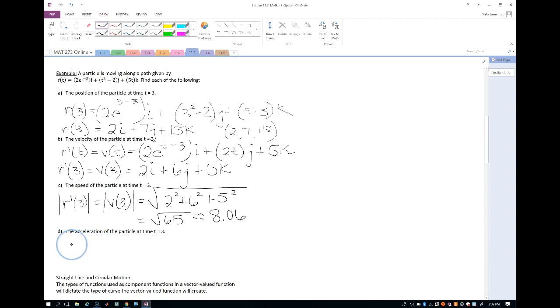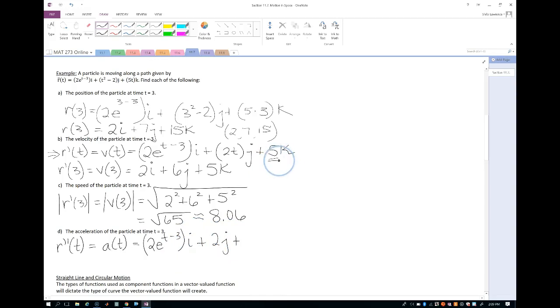And then lastly, our acceleration. That's going to be our second derivative. And to get the second derivative, you just take the derivative of your first derivative, which is right here. So we're going to take the derivative for each of those components one more time, and we get 2e to the t minus 3 i plus 2j.